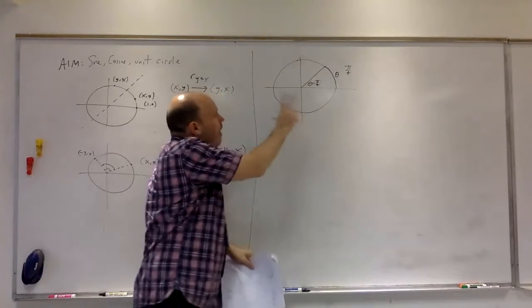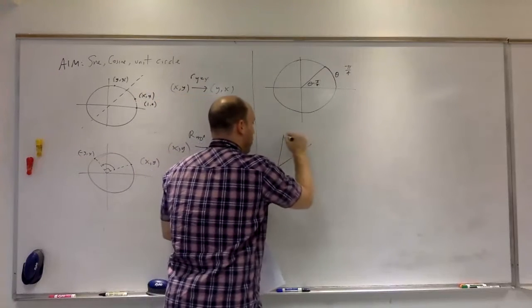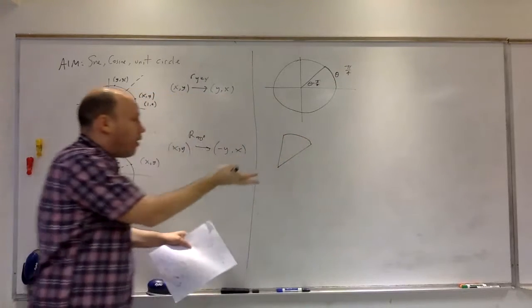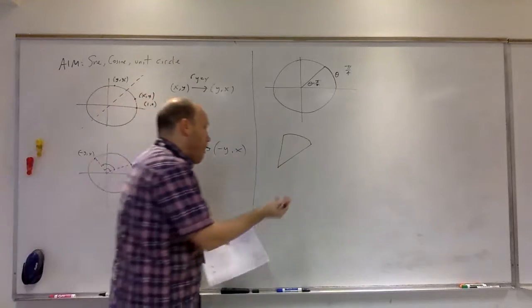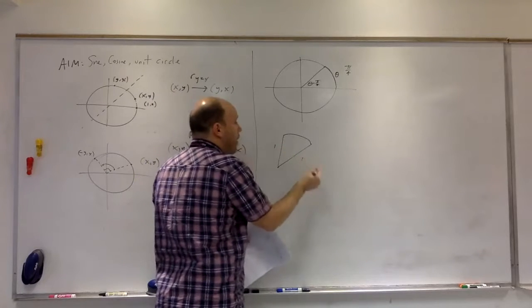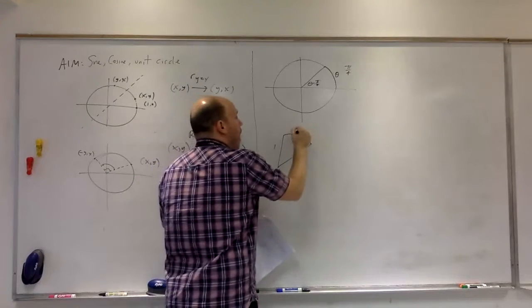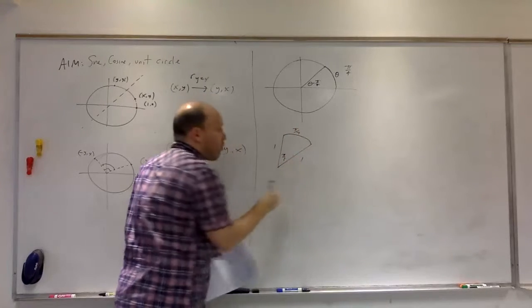I started off in the unit circle, but we can have any angle and an arc. For example, if the radius is 1 and we measure this arc to be pi over 7, the angle measures pi over 7 radians.